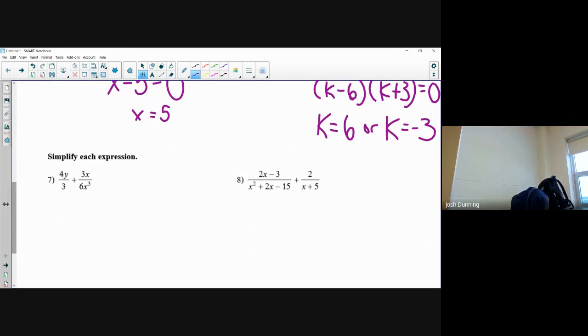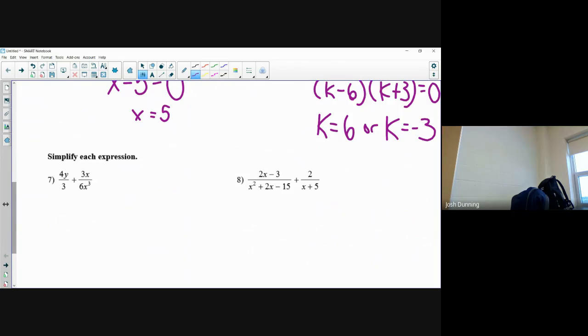7, we're adding some fractions. So we have to get a common denominator. Well, for the number part, we have a 3 and a 6. You know, if you kind of blank out on what to do with this, you could always just multiply them by each other. That will work.